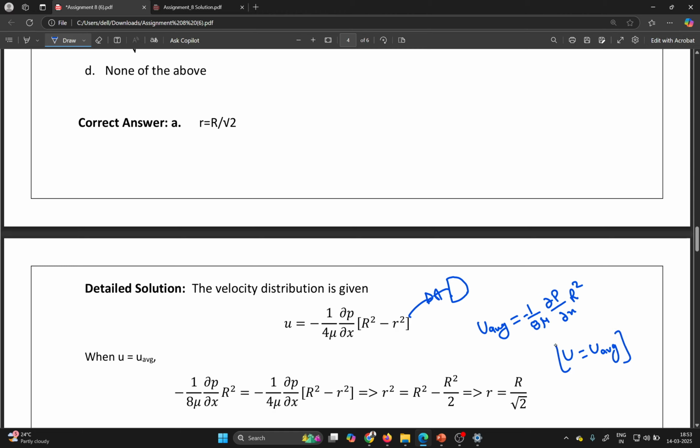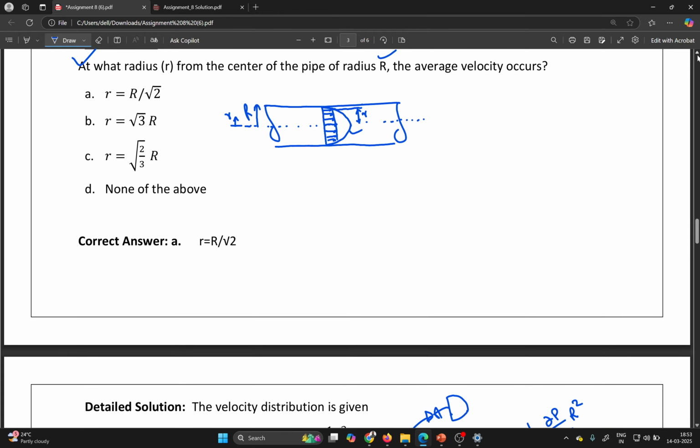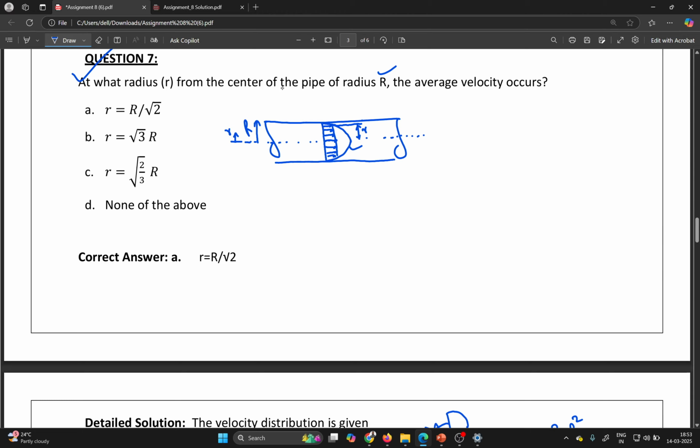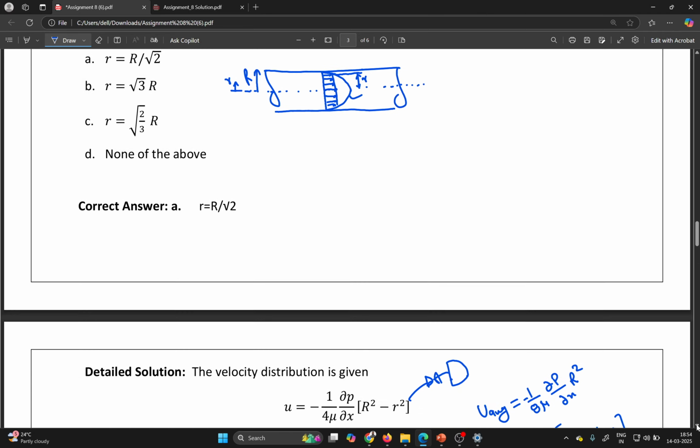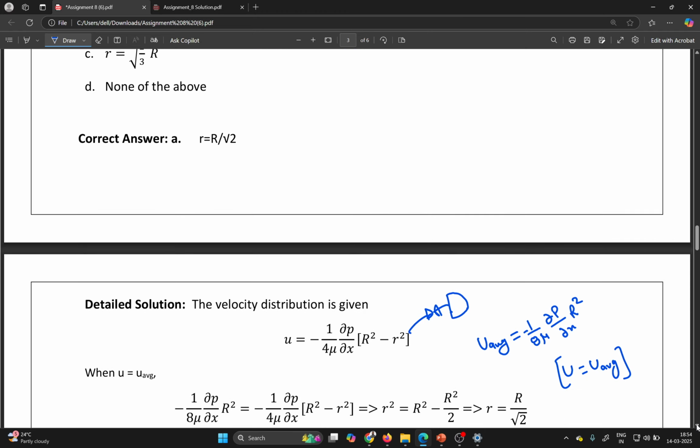The question is in a different way, but what I have explained is: at what radius from the center of the pipe of radius R does the average velocity occur, means at what point your average velocity will be equal to your parabolic profile velocity. So the average velocity and the parabolic profile velocity will be the same at what point from the center line.